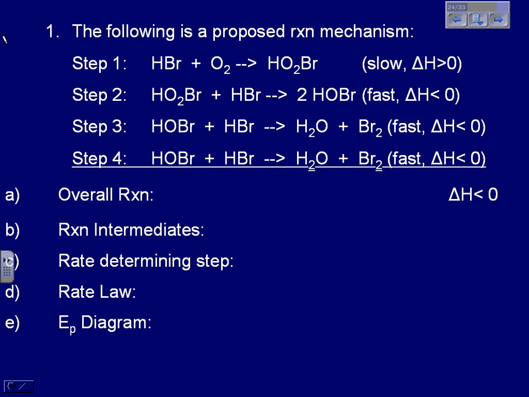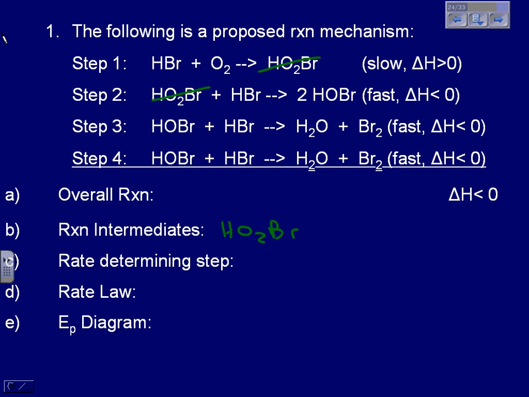Let's cancel away things that we find on both sides. If we look at step 1 and step 2, you'll notice we've got HO2Br, HO2Br. You'll notice it starts as a product and then a reactant. That makes it a reaction intermediate, HO2Br.